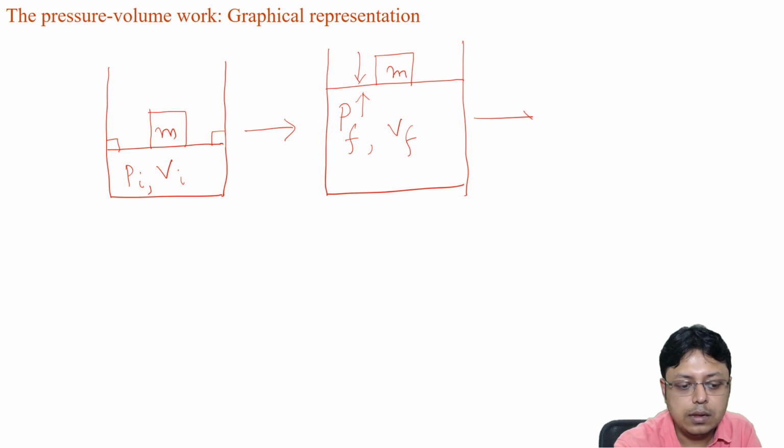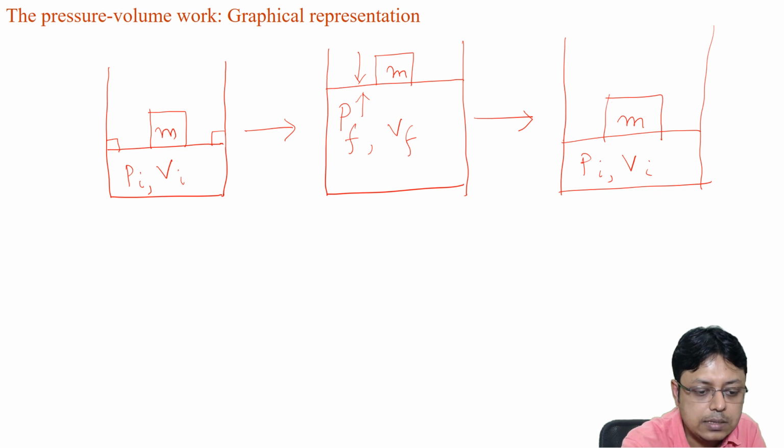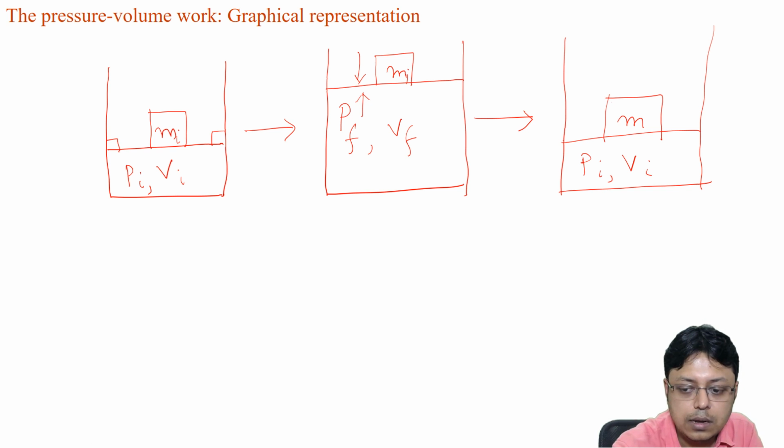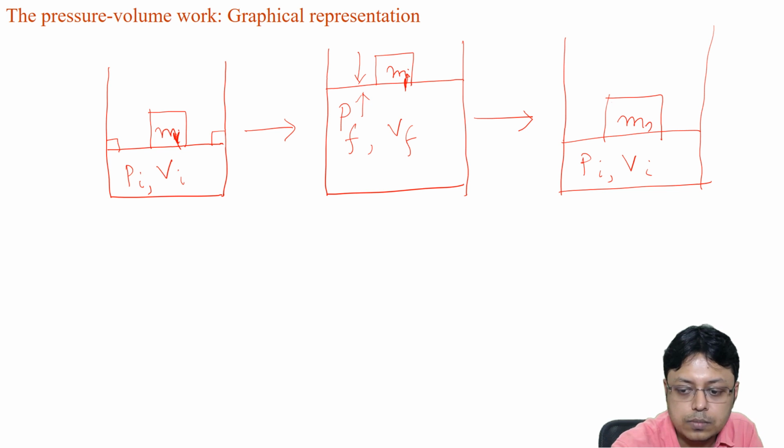Now we are saying let us do the reverse process, where we put a heavier mass so that the system actually comes back to its original position, which is Pi Vi. Of course, in this case the masses should be different. This was a lighter mass, that's why the system expanded, and this was a heavier mass. Let us call them M1 and M2.